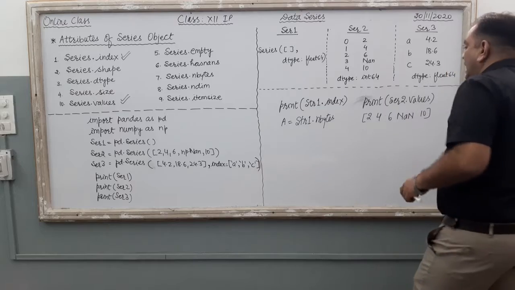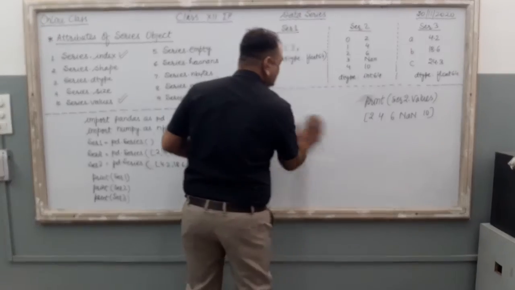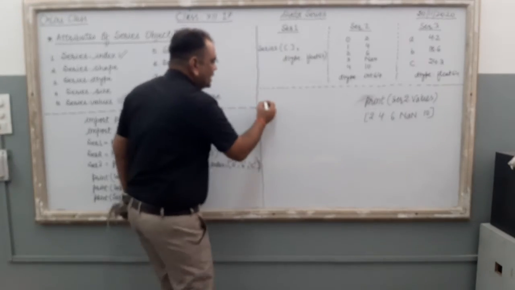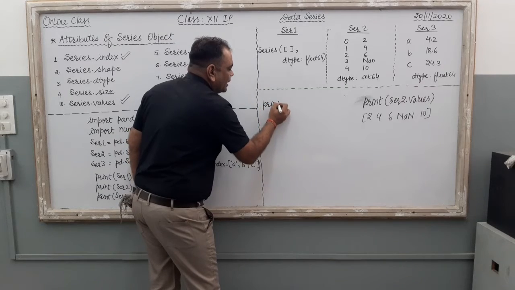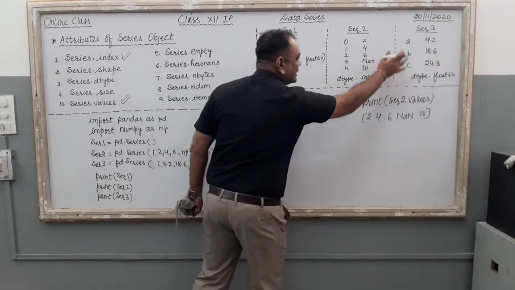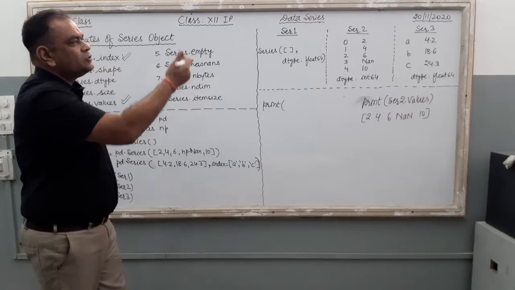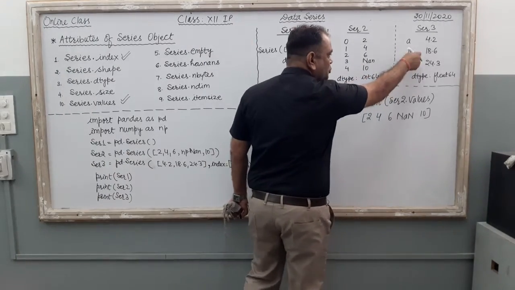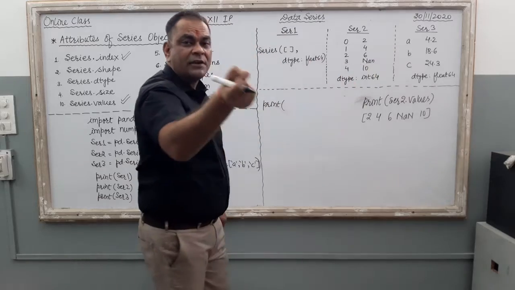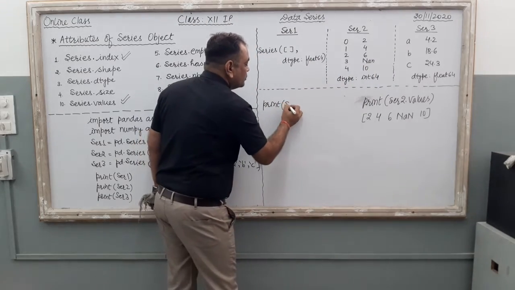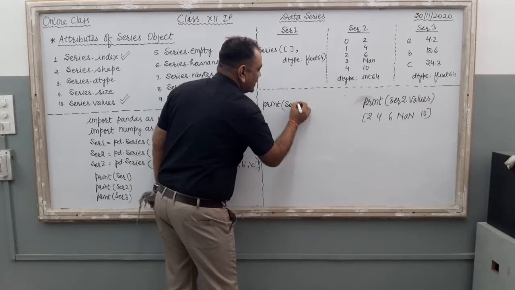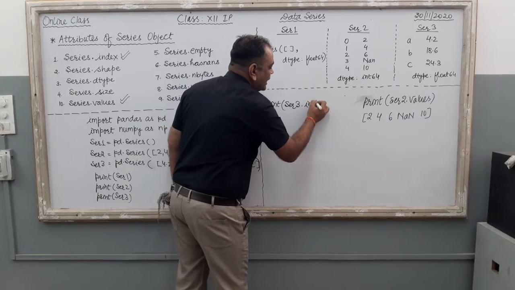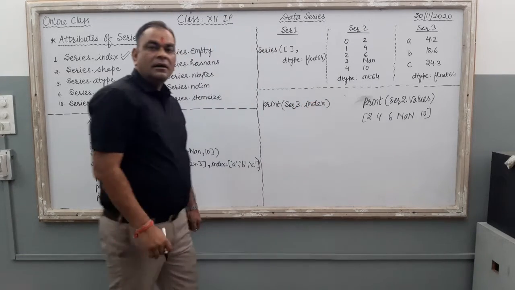Now instead of that, if I use this command, just see, I use print. Here 3 different series are there on the monitor: series 1, series 2 and series 3, right? Suppose series 3, I want to show only the index values. So I use SCR3, the name of the series variable, dot index, right?